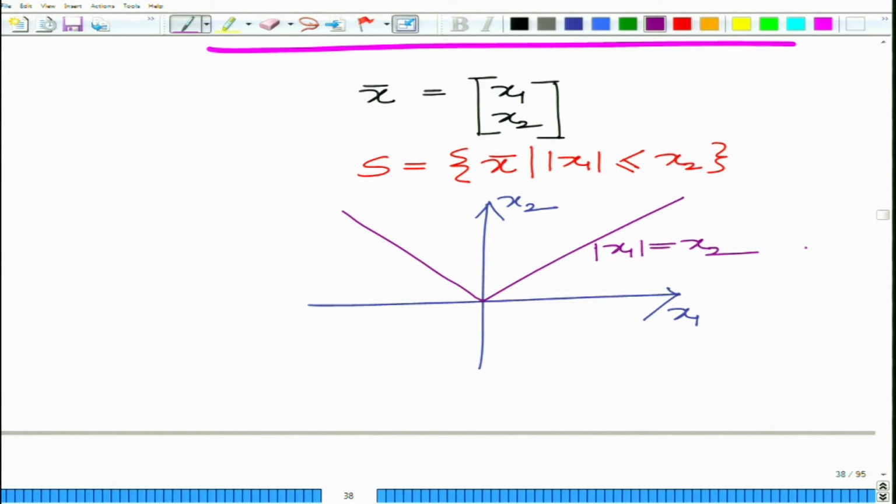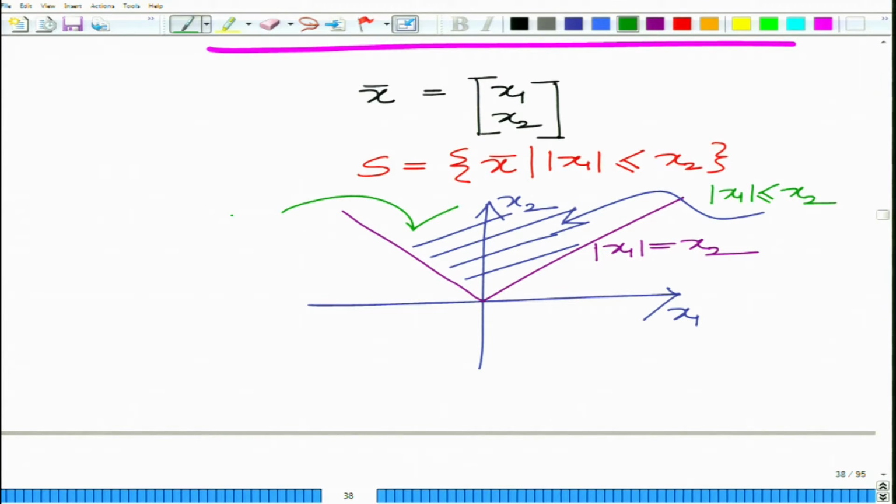And if you look at this region, this region basically represents the region magnitude of x1 is less than or equal to x2, and you can see this region is a cone, and this is basically also convex.